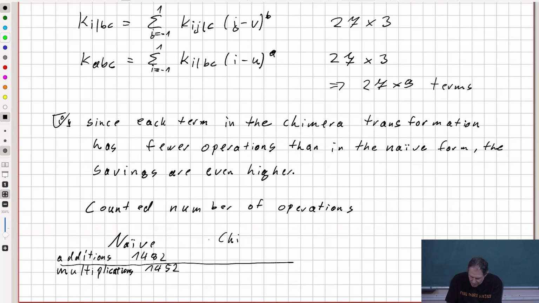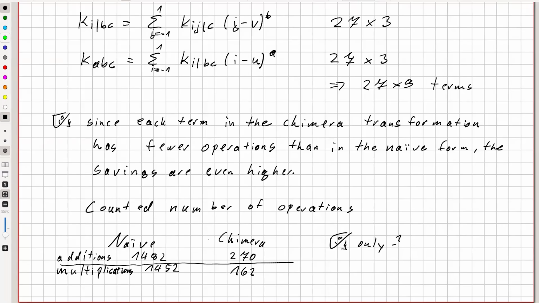The chimera has 270 additions and 162 multiplications. That's a pretty significant difference: only about 1/5 the number of operations required.